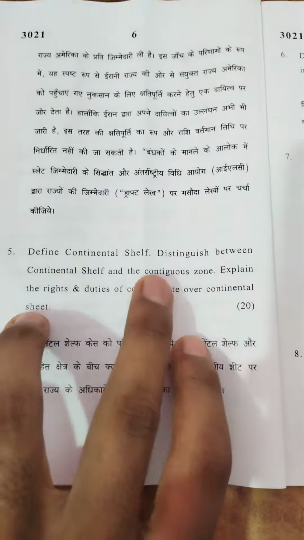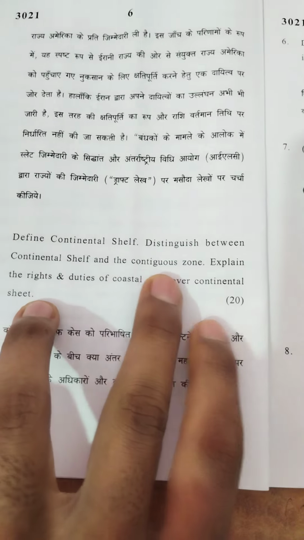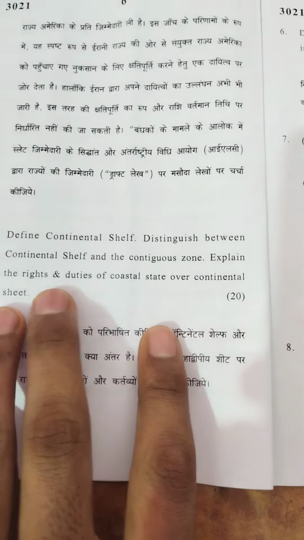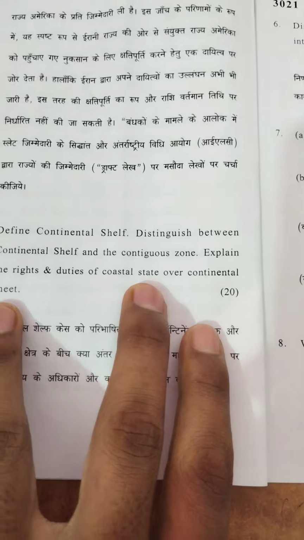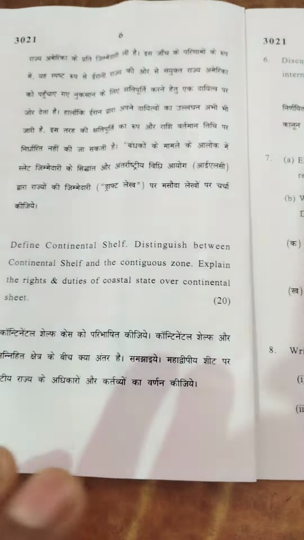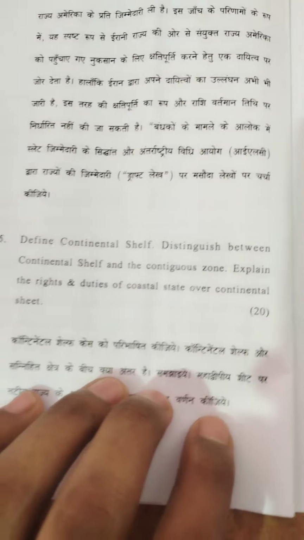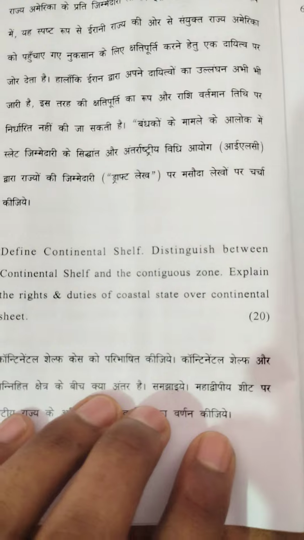Define the continental shelf. Distinguish between the continental shelf and the contiguous zone. Explain the rights and duties of coastal states over the continental shelf. So the continental shelf is a category of maritime zone. There are 5 major categories of maritime zone.